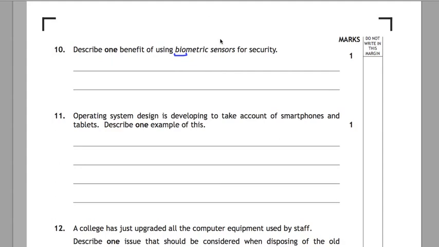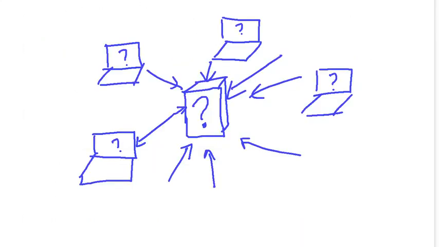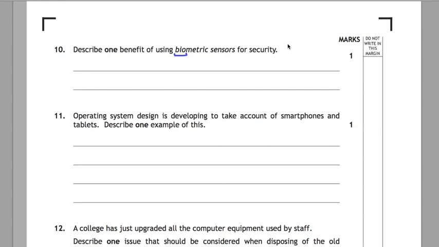Each person has their own unique retina, unique fingerprints, so it's actually a lot harder to forge these, if not impossible, than it is your username and your passwords. And if you've got a fingerprint and you've got a retina, you don't lose them, you don't forget them. If you go into a company, you might have a wee swipe card, you might forget that one day, and that means you can't get into the company.